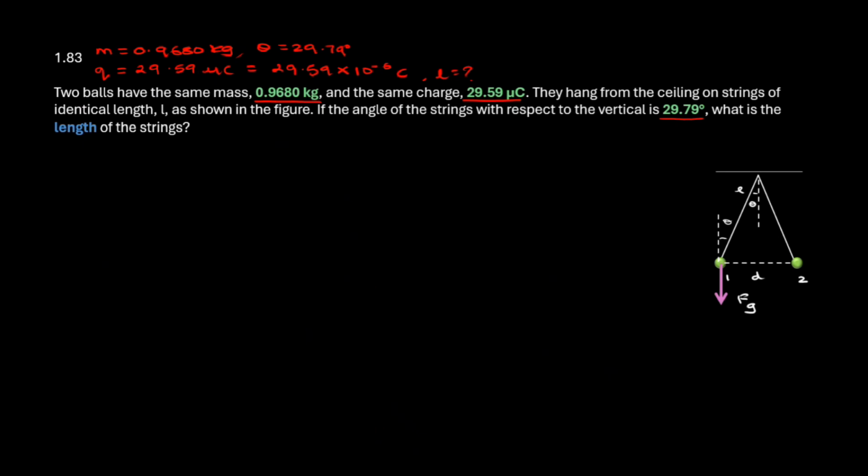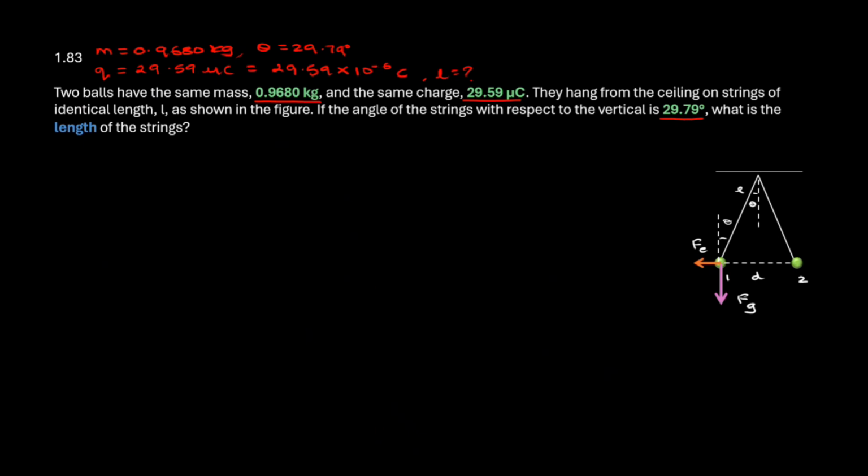The second force will be the electrostatic force of repulsion between ball 1 and 2, since they are both positive charge. And because of ball 2, one will be pushed to the left as it will be repelled away by ball 2. We call this force Fe.